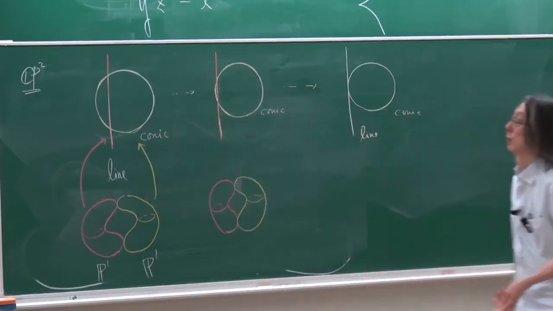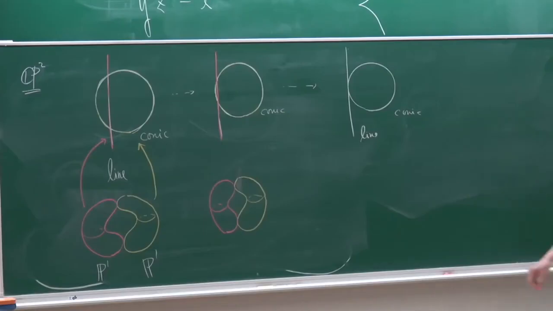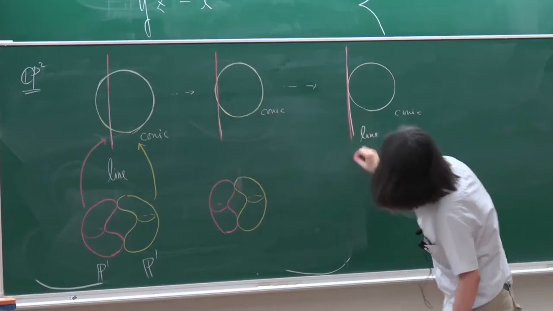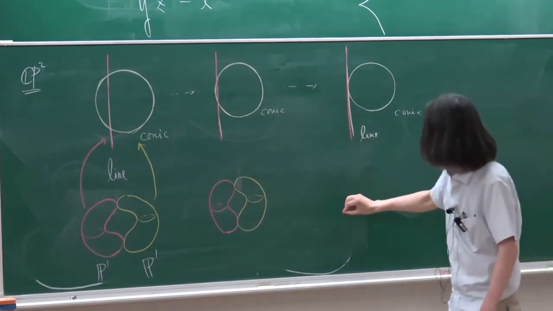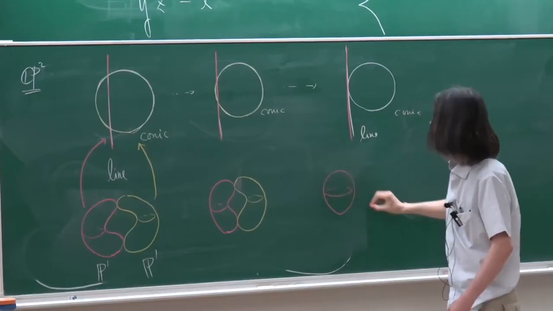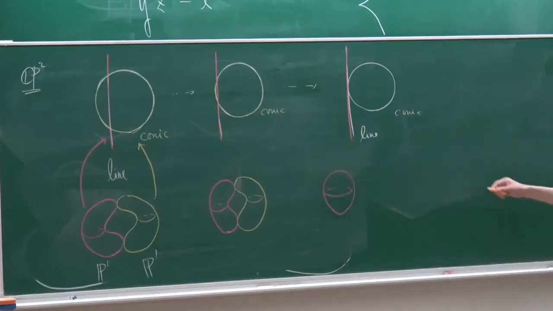Right. And in the end, I have a line here, so I have something like this. And then I have a conic here.